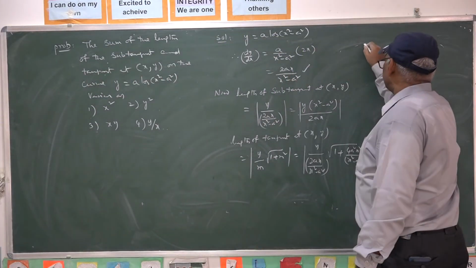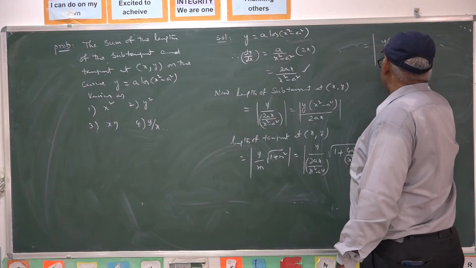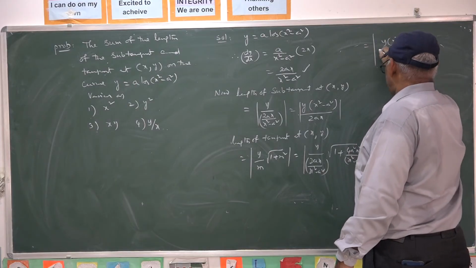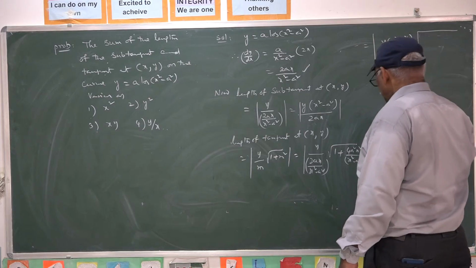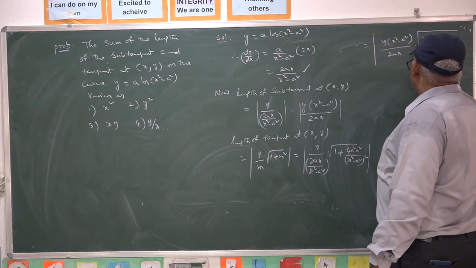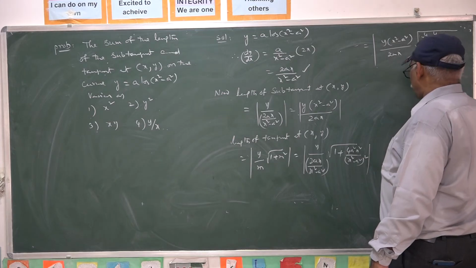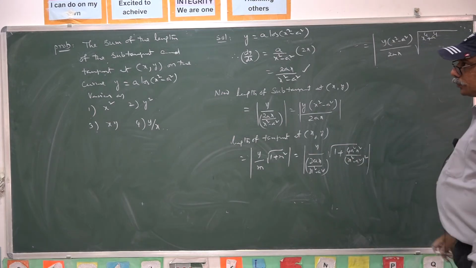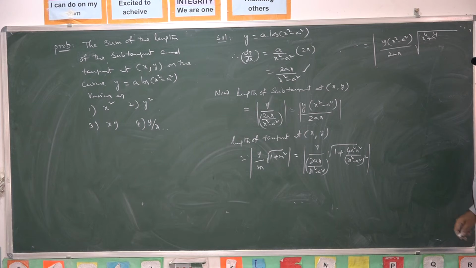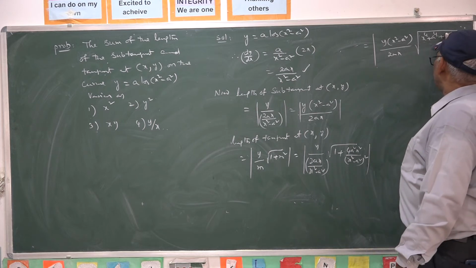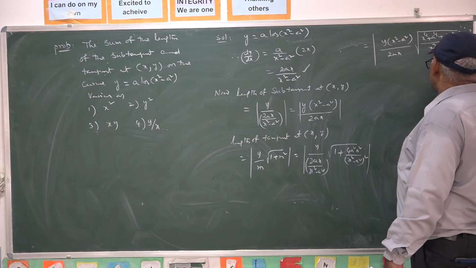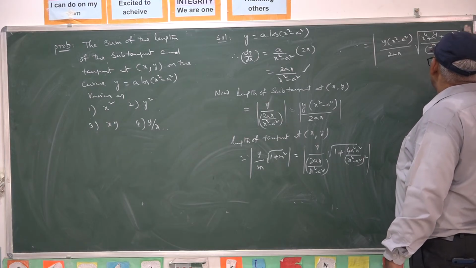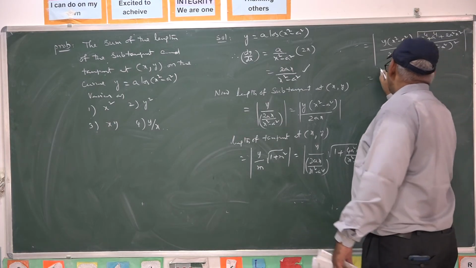This is y into x square minus a square by 2ax into under root, on simplification, x power 4 plus a power 4 minus 2a square x square plus 4a square x square. We get only 2a square x square by x square minus a square whole square, with modulus.